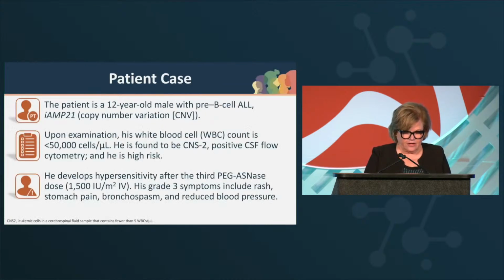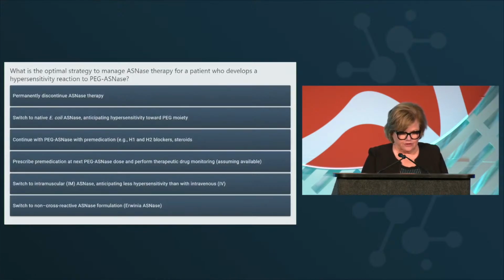So we go back to our high-risk patient, and we know that this patient has an amplification on chromosome 21, treated high risk. They have hypersensitivity after their third dose. Our question here is, how would we treat this patient?